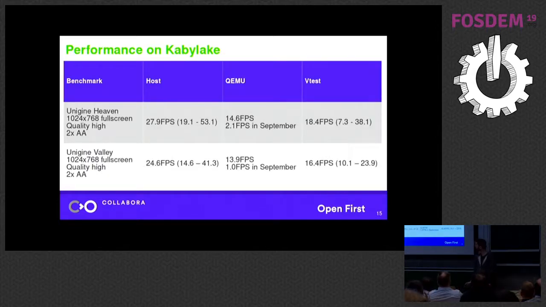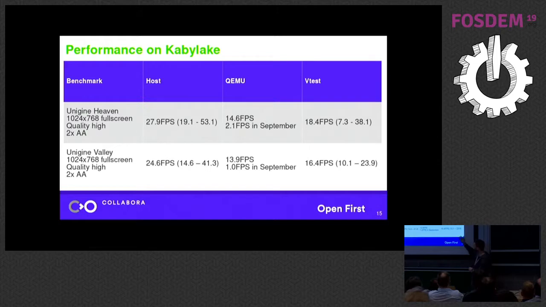In terms of performance, on my system, I was running some benchmark, Unigine mostly. We are now quite good. So VTest, which is our system to test, and we are not using QEMU, but we are using a Unix socket to transfer buffers, and it's quite close to the host. And QEMU was very, very bad in September.